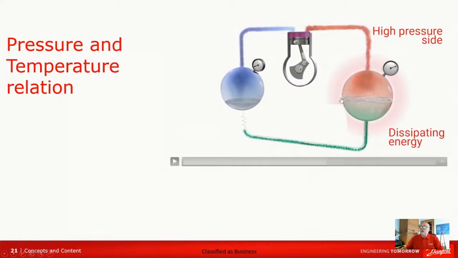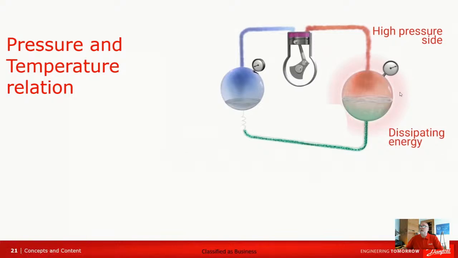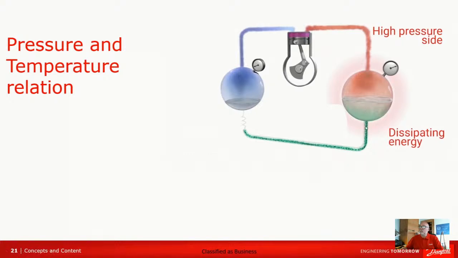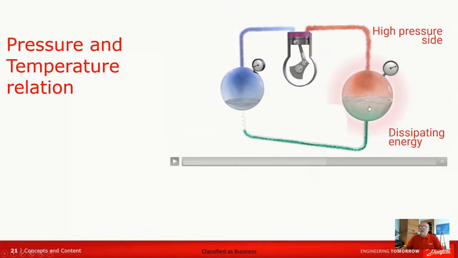I think I told you, I hope I told you, no, I know I told you that when the vapor has cooled down, it gets liquid. Now, the liquid here could have a long way to go. It could also be that some of the liquid would still be inside the condenser.